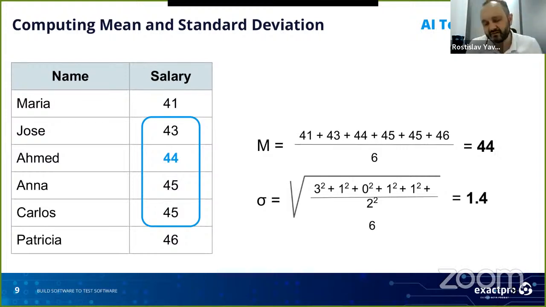So you feel okay that when the analysts show you this data, you understand that some people in your team earn 44 or something like that, and others earn slightly more, but not a big difference, maybe 44, 45. And some other people earn slightly less, like 43, 42.